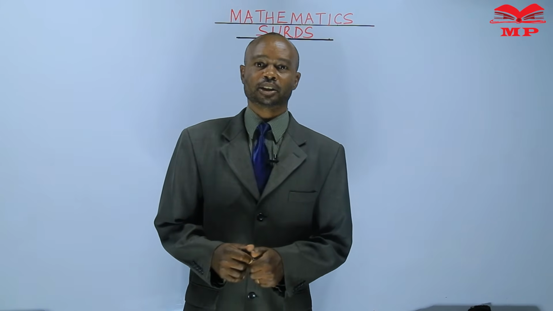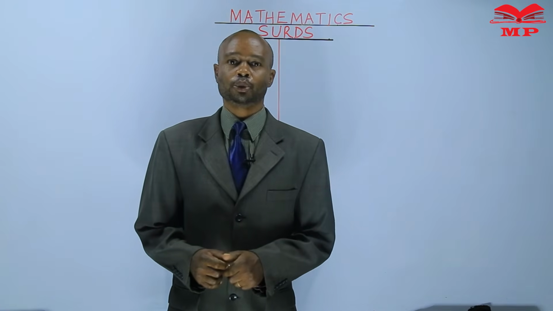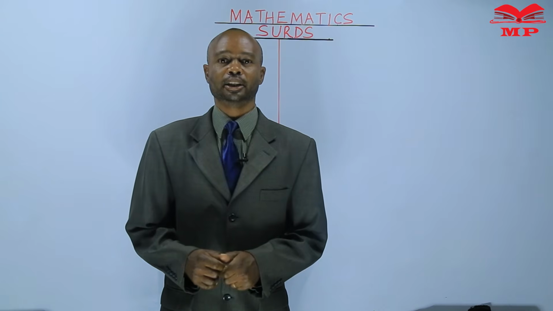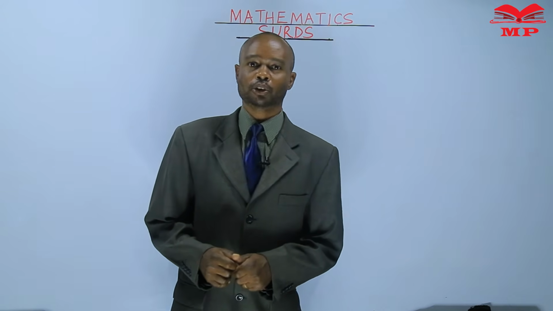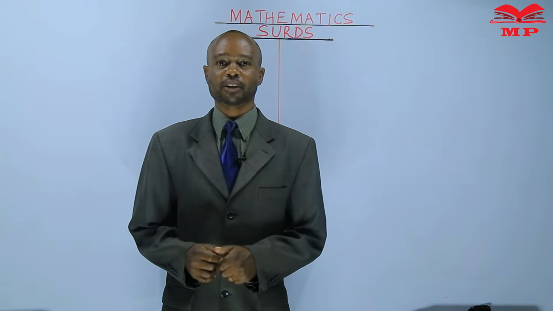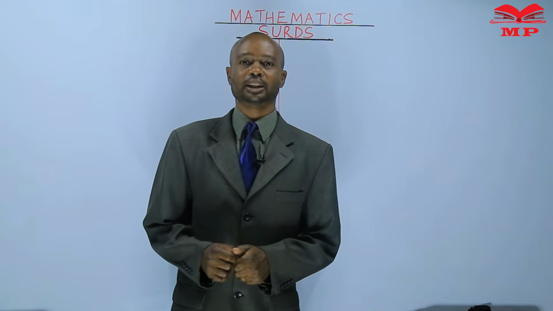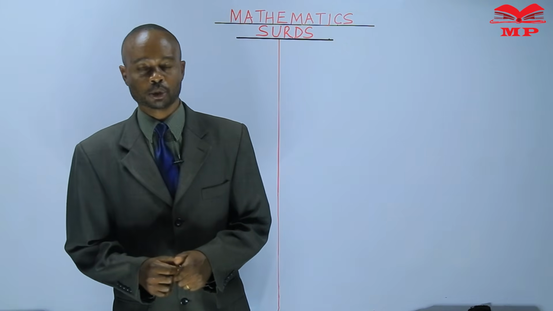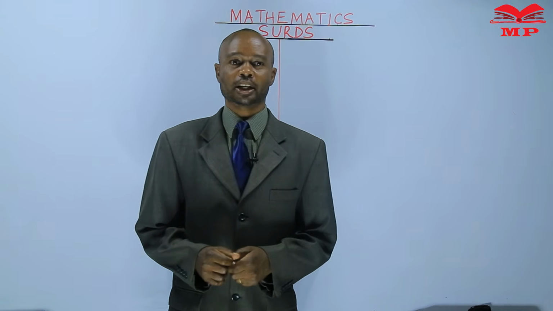In this topic, the learner will be introduced to rational and irrational numbers. The objectives of this topic are: 1, the learner should define rational and irrational numbers. 2, the learner should simplify expressions with surds.